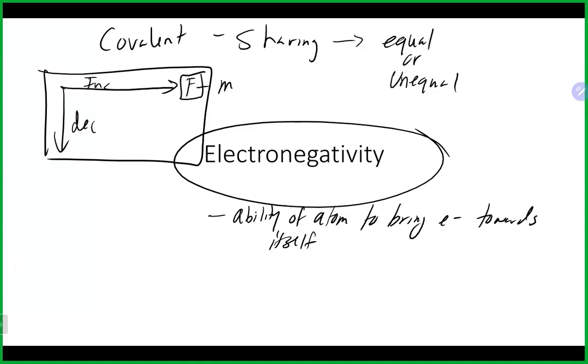Fluorine is the most electronegative element you could have, because if you look at the periodic table, fluorine is as far up and to the right as you could go. Everybody to the right of fluorine is a noble gas, which means they're perfectly fine by themselves. They're not looking to react because they're already stable.